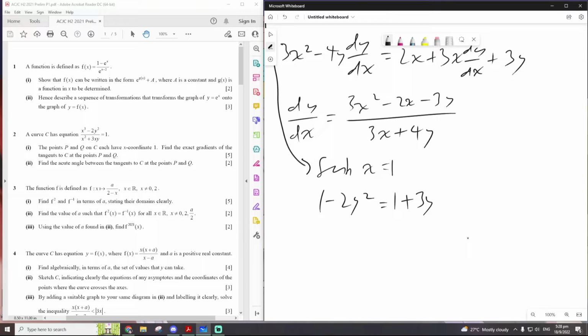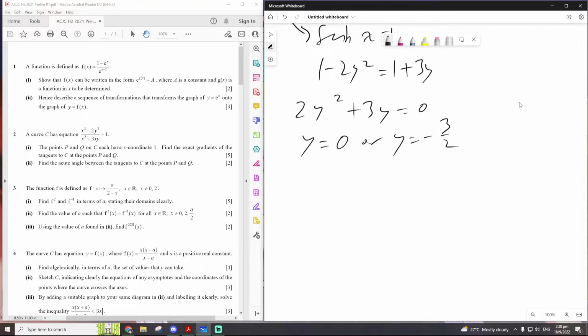Now this becomes a very simple quadratic equation. The 1's cancel out, so you get 2y squared plus 3y equals 0. And I think you can see y equals 0 or y equals negative 3 over 2. We can go ahead and find dy dx for each of these.